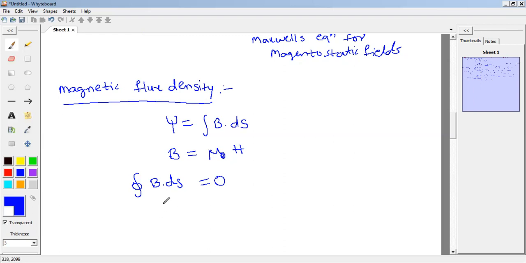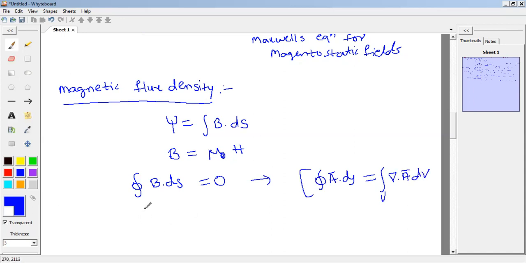Now we can apply the divergence theorem to this equation. The divergence theorem states that the closed surface integral of any vector is equal to the volume integral of the divergence of that vector.